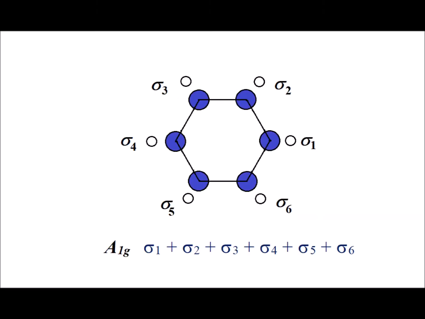Here we can visualize what these molecular orbitals look like based upon carbon 1s orbitals. We're doing these in order of energy. The lowest energy of these molecular orbitals is going to be the A1g all-bonding combination.